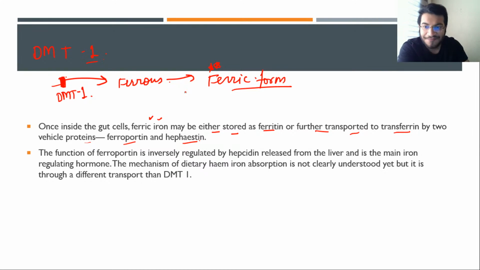The function of the ferroportin is inversely regulated by hepcidin released from the liver and is the main iron regulating hormone. The mechanism of the dietary heme iron absorption is not clearly understood yet, but it is through a different transport than DMT1, but it's same as DMT1, and no one will ask you.